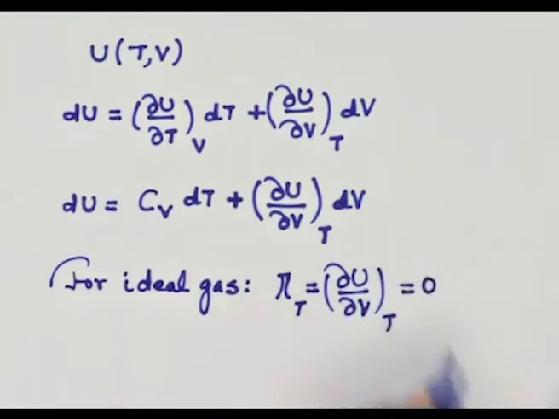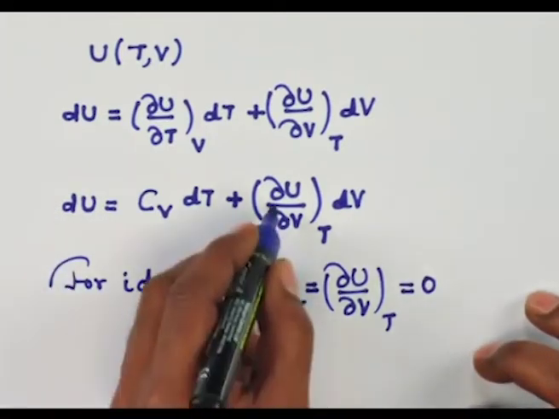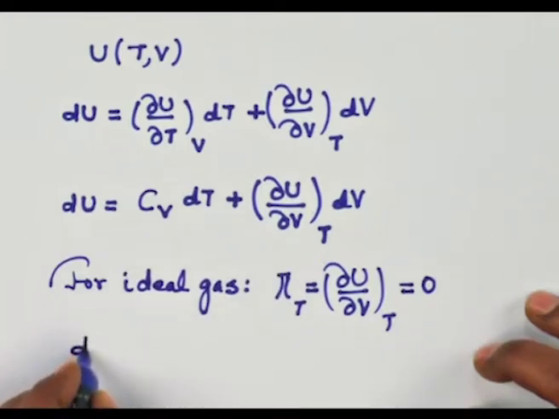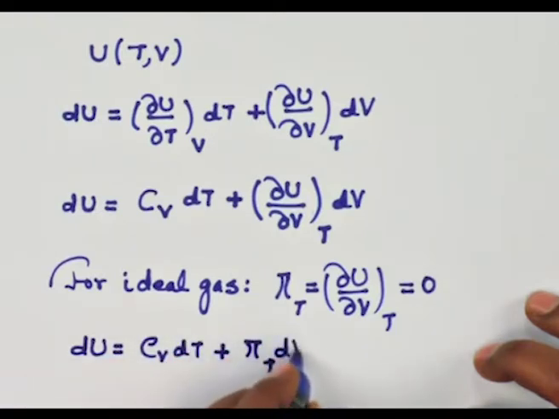So, for perfect gas, this is equal to 0. Now, I will substitute π_T here. So, dU is equal to Cv dT plus π_T dV.